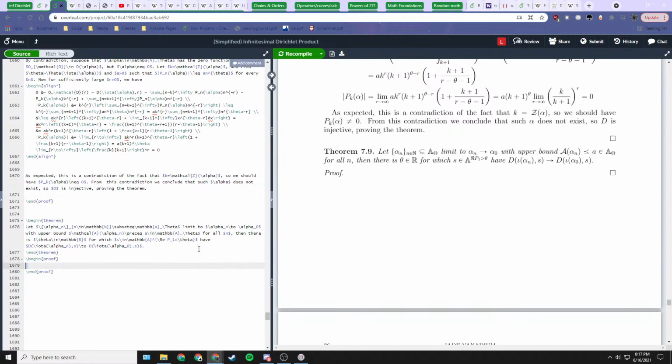Okay, so the theorem is, if we have a sequence in A theta, and to be clear, not a single object in A theta, but a sequence of objects in A theta, which tend to a limit, which should also be in A theta. Actually, I guess this is redundant.